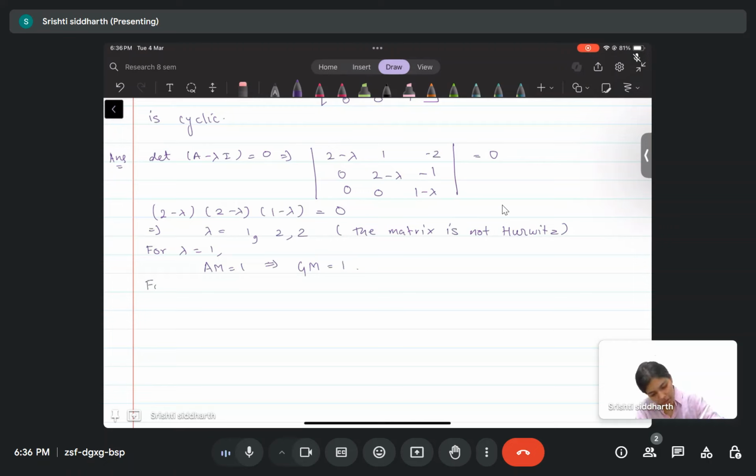Now, for lambda equals 2, let's find the rank of the matrix A minus 2I, which is the rank of 0, 0, minus 3, 0, 1, minus 2, minus 1.